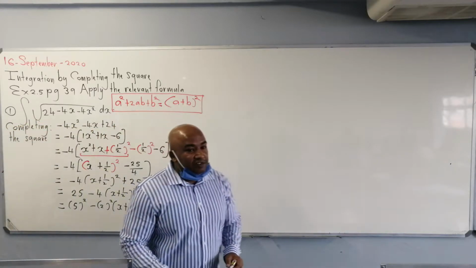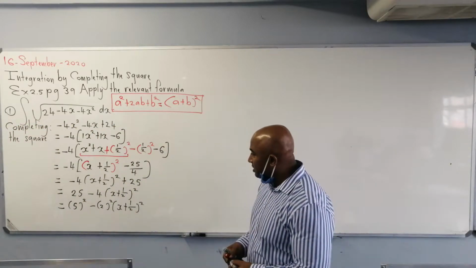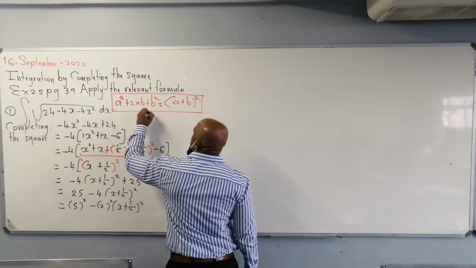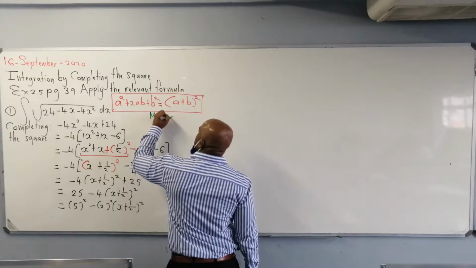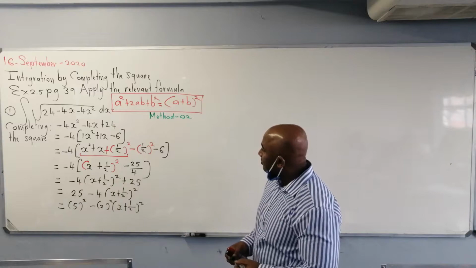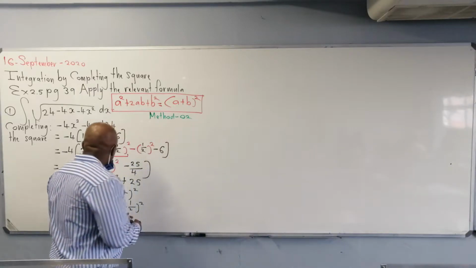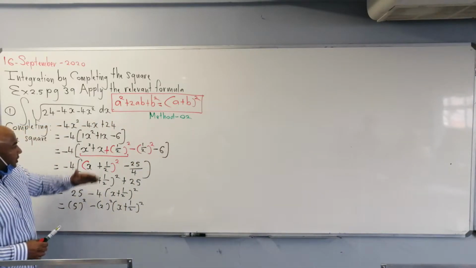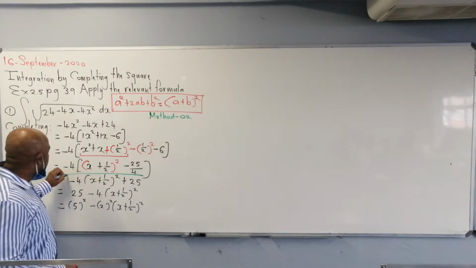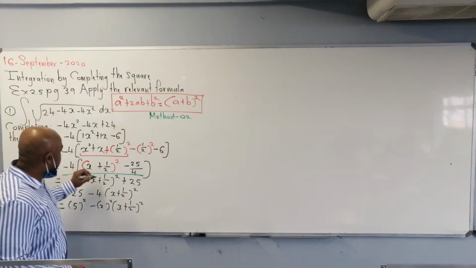Now, there is a different way also to deal with this. If we go back, let's call this method number 2. Right, so method number 2 is doing almost the same thing. The focus is on this part here.